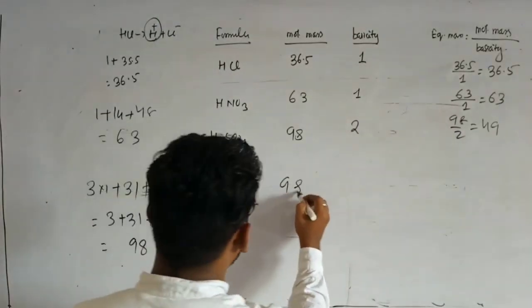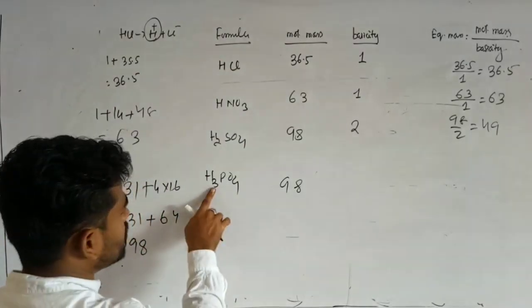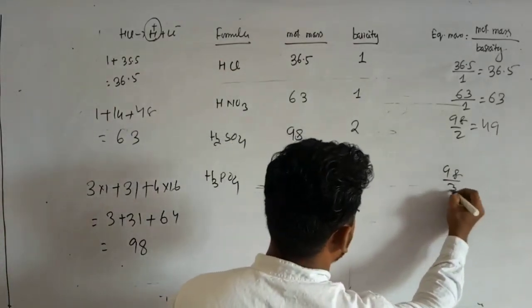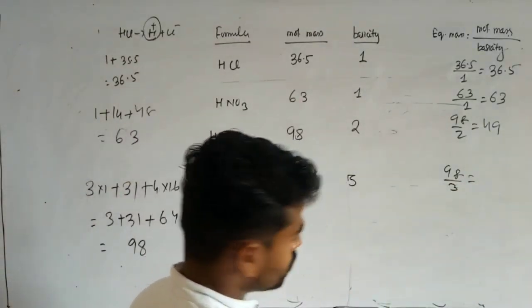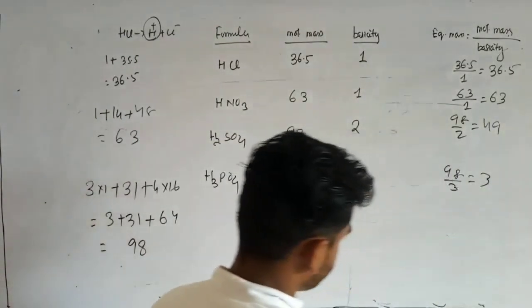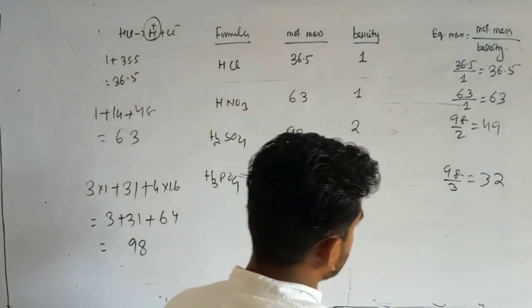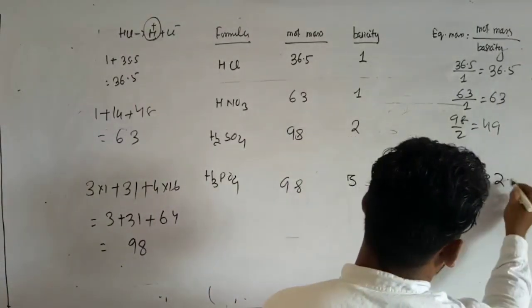Okay, so this is 98 and its basicity is 3, H plus ion number 3, so that will be 98 divided by 3, that is equal to 32.6.